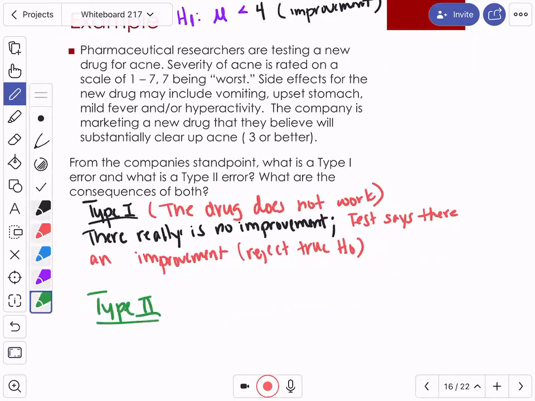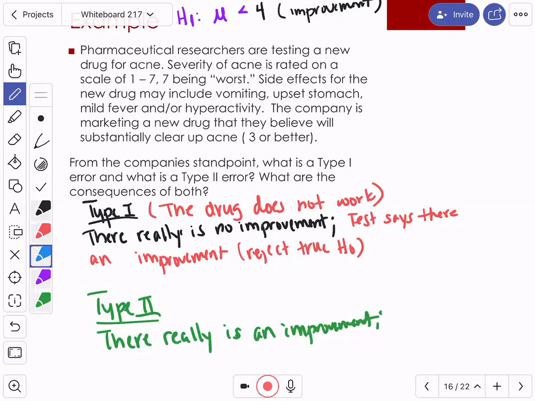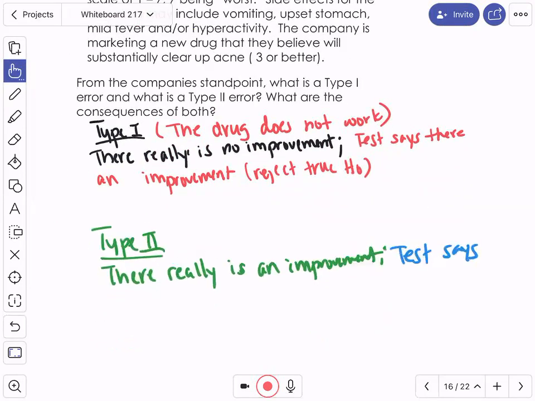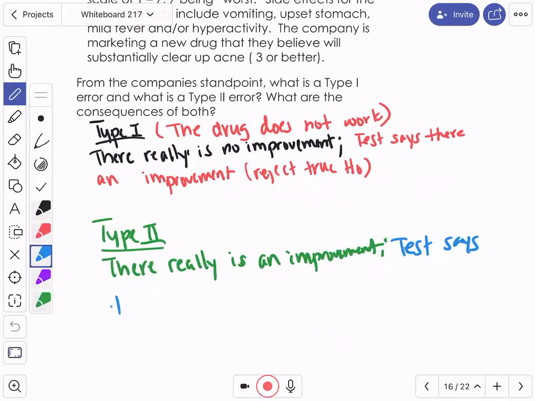here's what happens. There really is an improvement. But look what the test does now. The test says there is not an improvement.